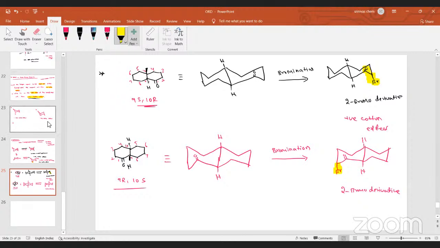The axial halo group is presented on the left side of the keto group, so according to the axial haloketone rule it shows a negative Cotton effect.